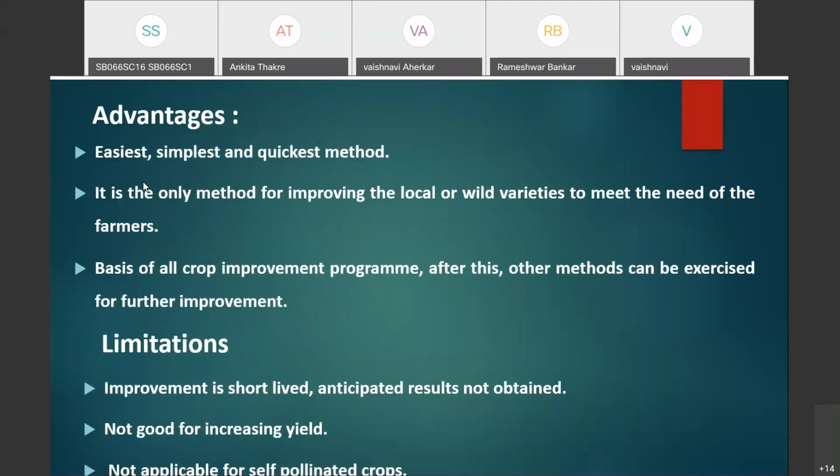Then here the advantages of the mass selection.